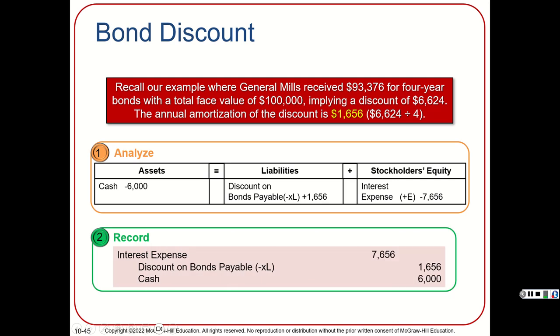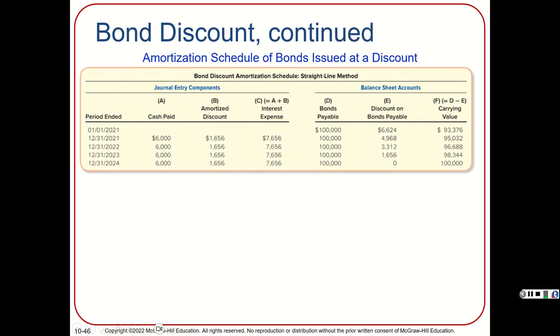All right, so here's your interest expense of $76.56 rather than just the $6,000. And then you're decreasing that discount, which remember is a debit balance. So here it's a credit balance, so it's actually going down. And then your cash is the same, $6,000 going out. So here it is again, the straight line method.